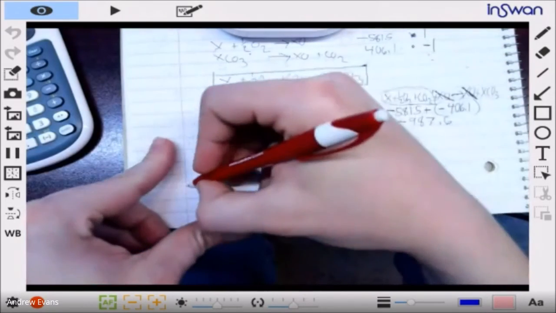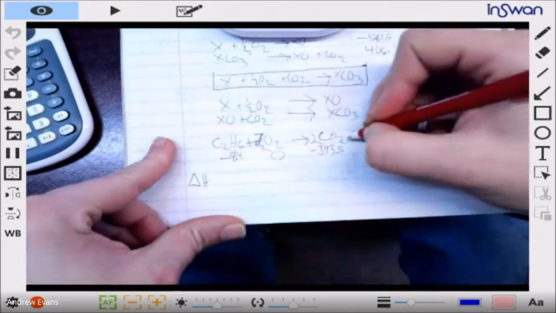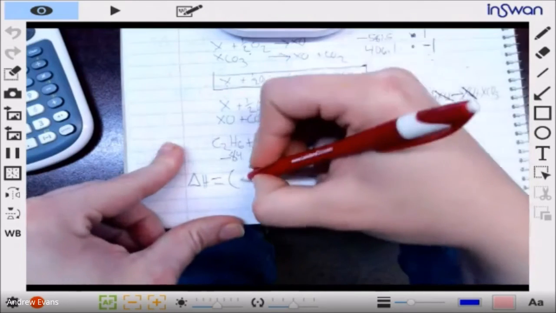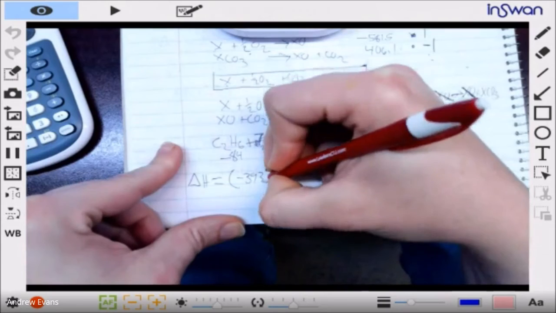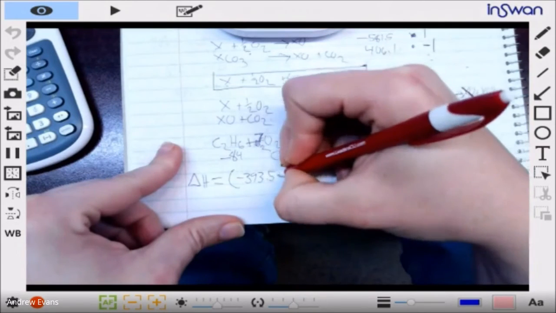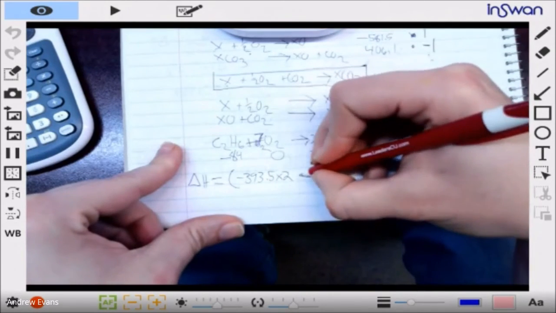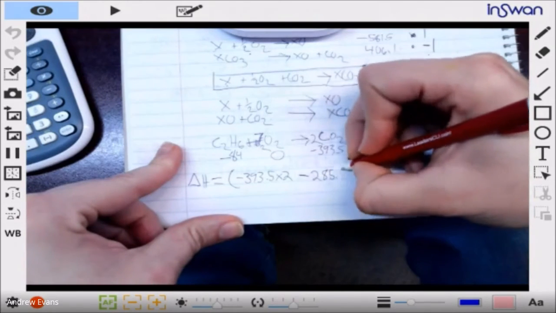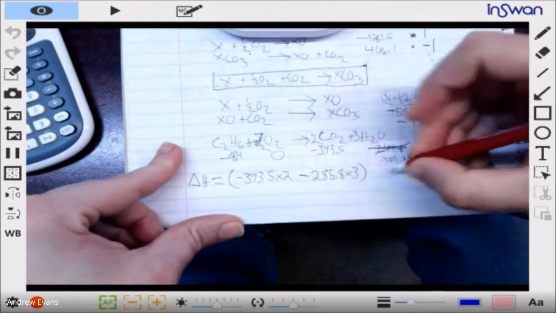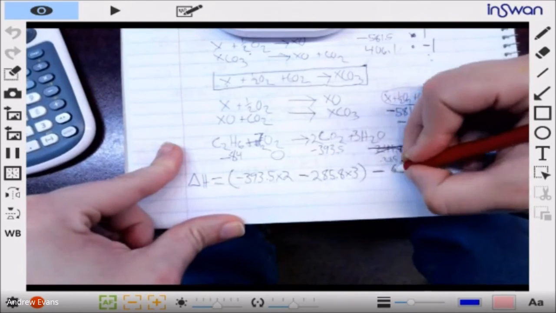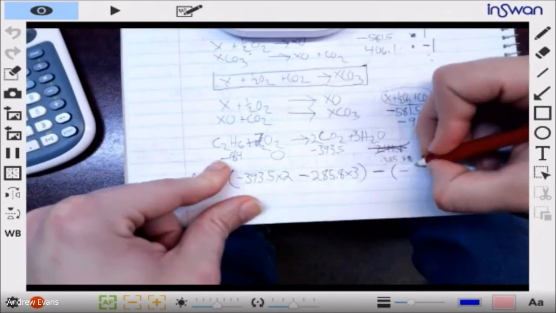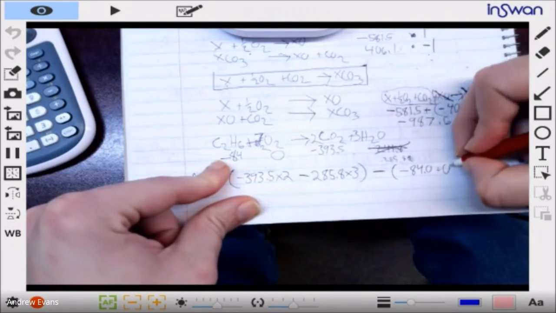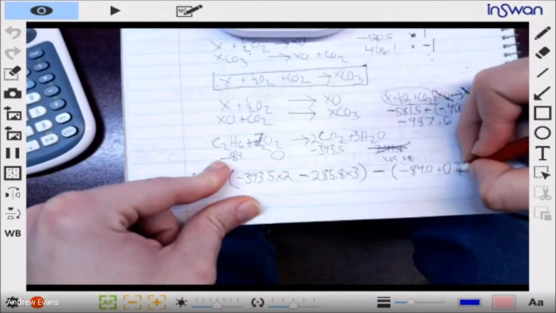To find our delta H, we say products minus reactants. The sum of products: we have 2 CO2s, 393.5 times 2, and 3 waters, 285.8 times 3, minus 1 ethane and 7/2 oxygen.